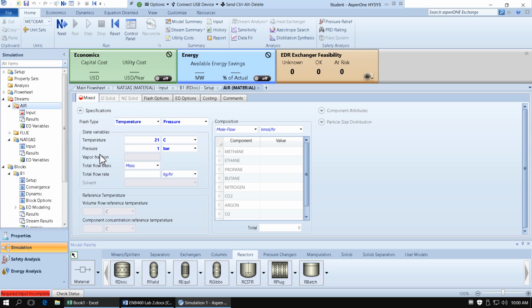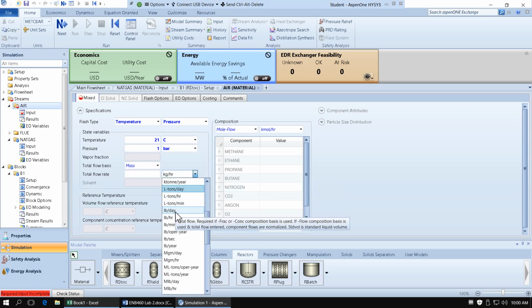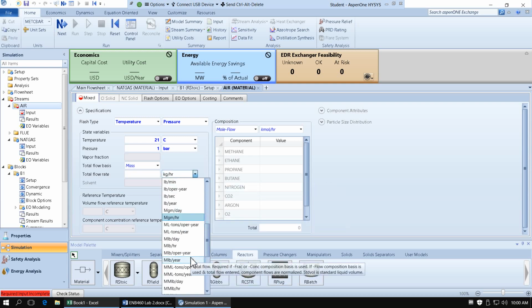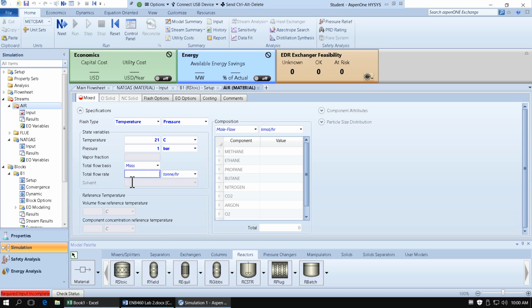But at this point, let's just decide to put in the same amount of air as the natural gas, so that's 100 tons per hour. And we'll just have a look at what Aspen will calculate.